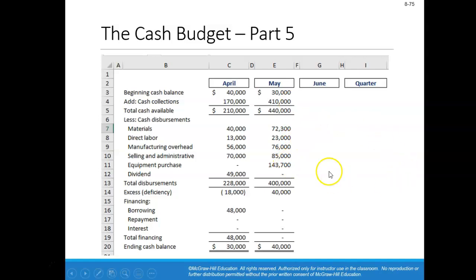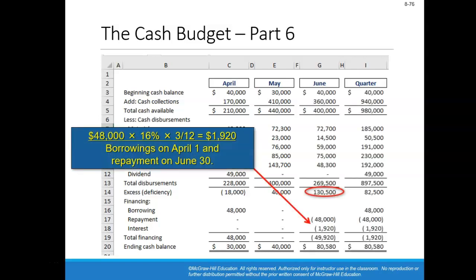This is showing all of our expenditures for the month of May. So notice for the month of May, the cash available exceeds our disbursements. So we will have a $40,000 excess at the end of the month of May. Therefore, we don't need to borrow any money during the month of May.